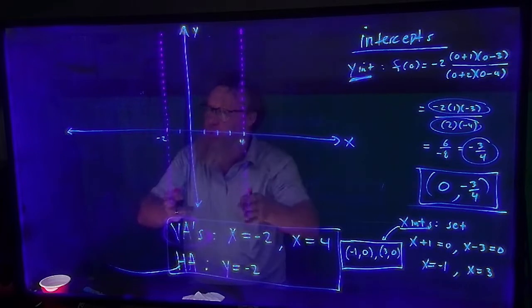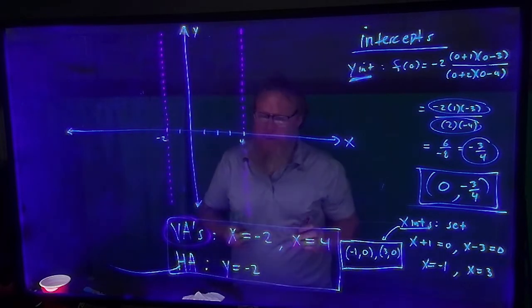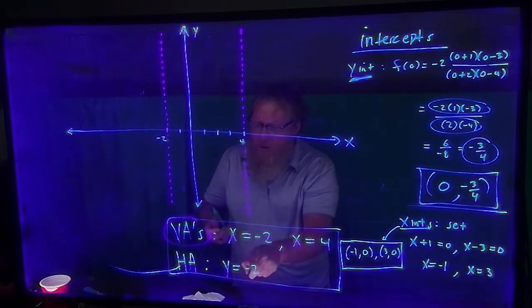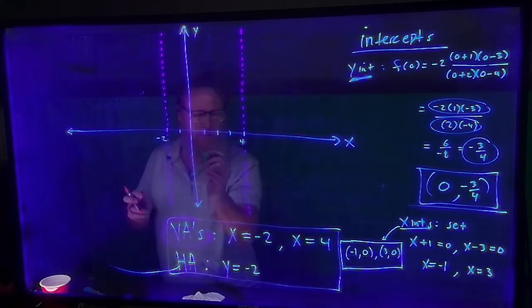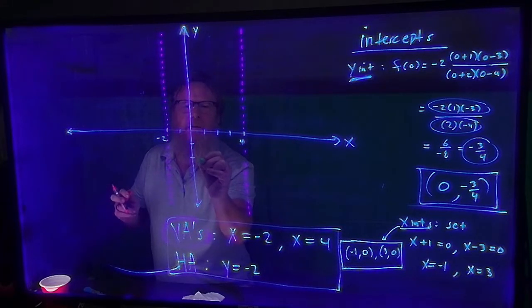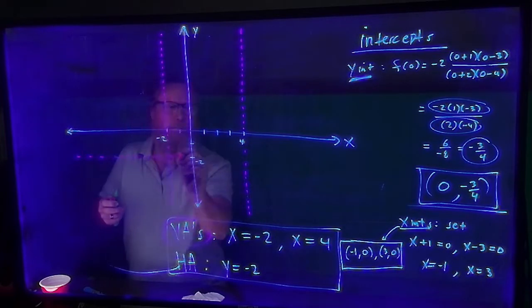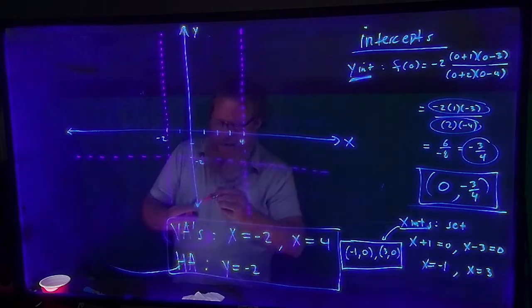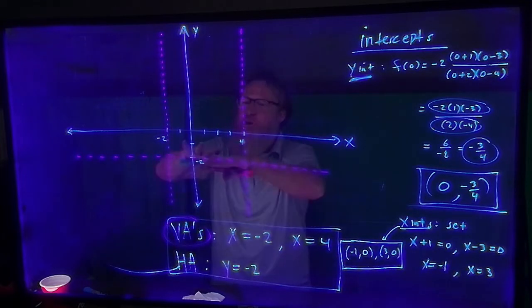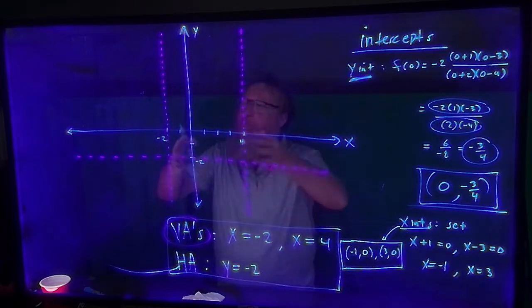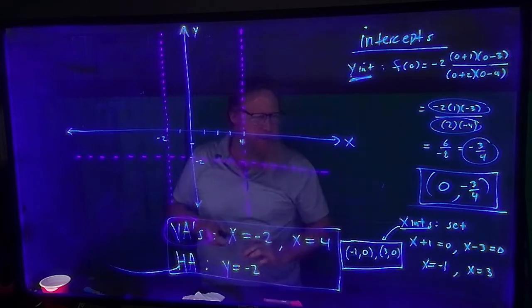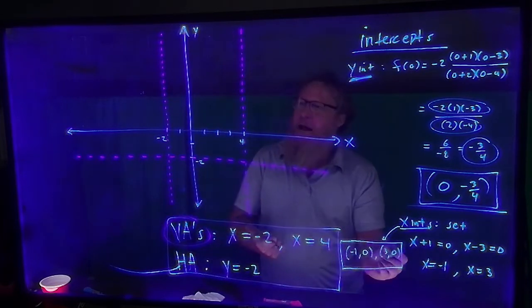It's a do not touch. That's what that literally means. Don't touch me. And then we have a horizontal asymptote at -2. And this forms sort of like a grid or a boundary of where the graph is going to be. And then we'll plot our x-intercepts.